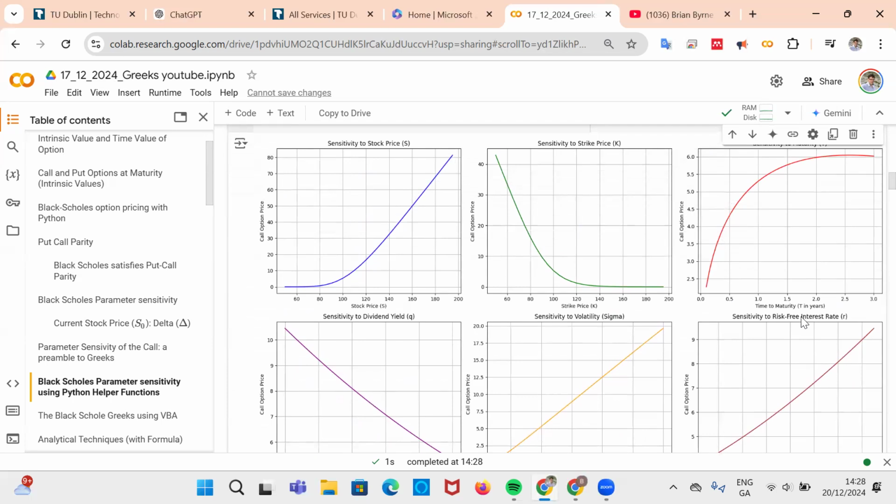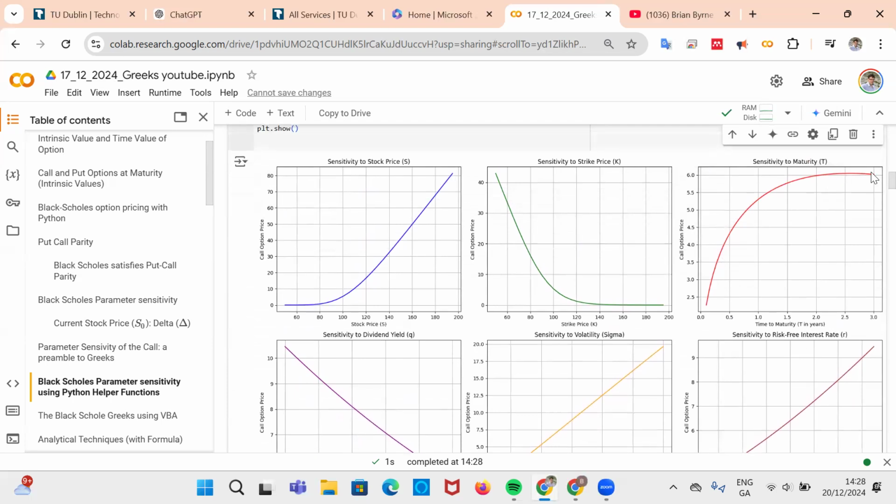We notice that there are instances where, as we increase the maturity, the value of the option actually drops. So there are instances where we observe a breach.